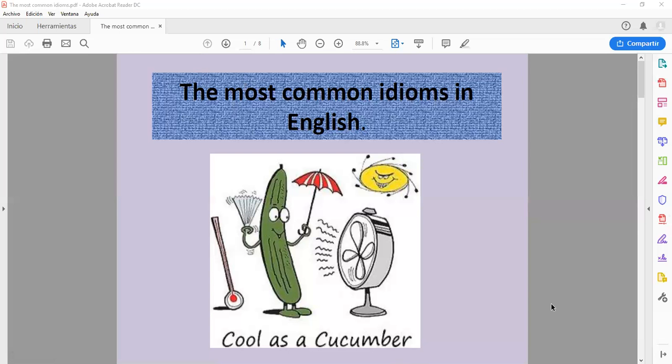But you know what? For example, in Spanish, we have lots of idioms. For example, whenever the boyfriend goes to talk to the father of his girlfriend, and he says, Señor, vengo a pedirle la mano de su hija.